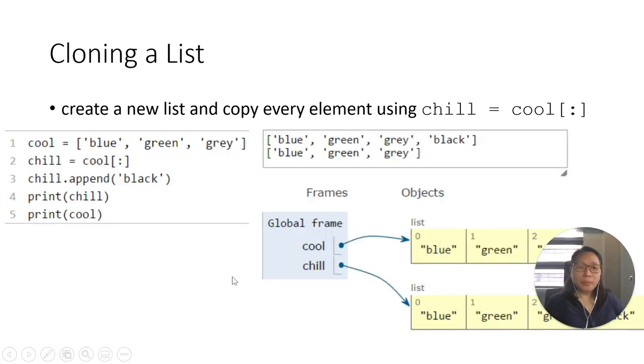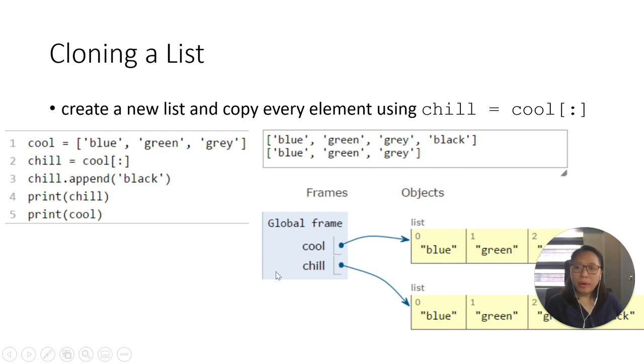We can do a workaround for that. Let's say we want them to refer to different objects; we can clone the list. The way to clone a list is by using a colon inside a pair of square brackets. In this example, we have it on line 2: chill gets cool, square brackets, colon.